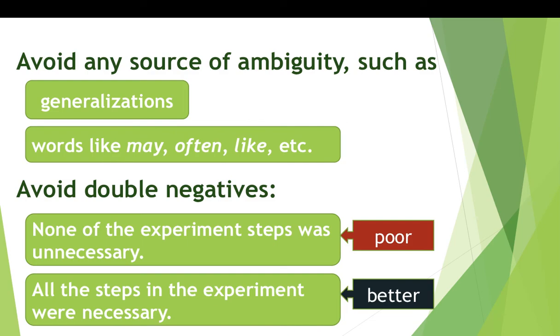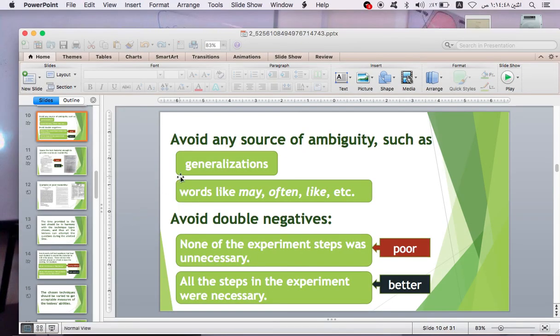An example of double negatives is the sentence, "None of the experiment steps was unnecessary." If you look at the affirmative form, "All the steps in the experiment were necessary," it sounds clearer. The readability.